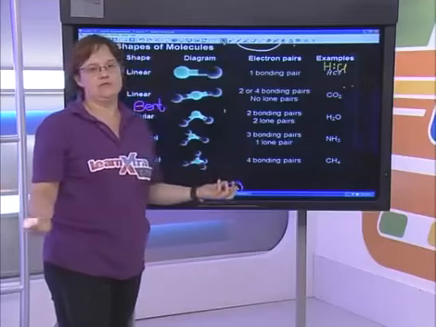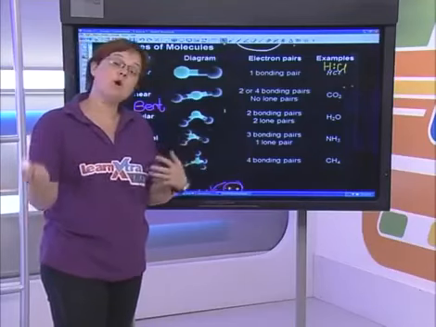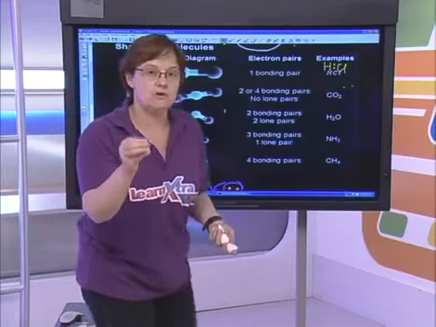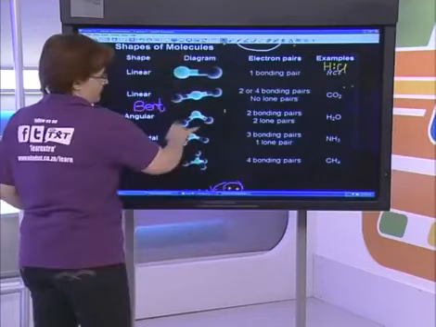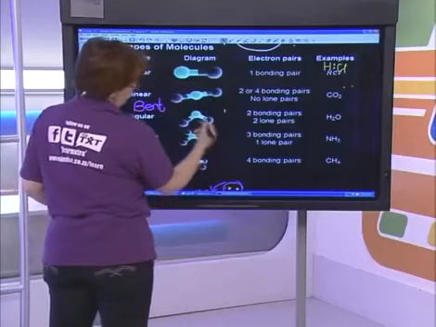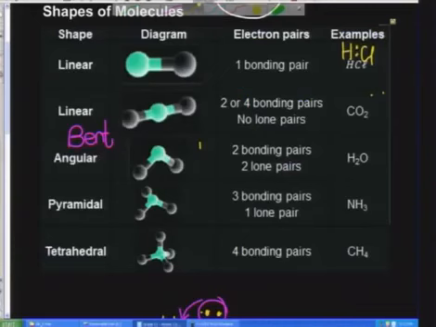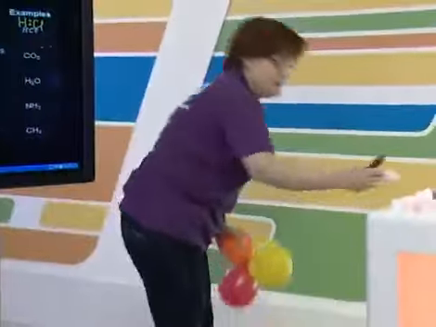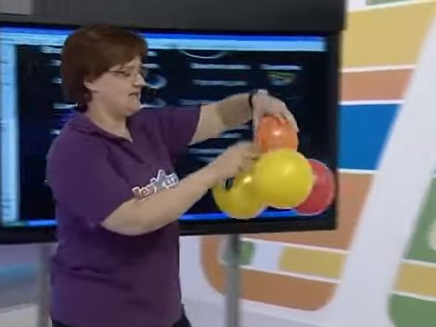Angular, absolutely it is polar, if it's a polar bond. If the bond between the two atoms is non-polar, then the molecule's non-polar. And it's easy to see here. If this is water, then this side is slightly negative, because that's the oxygen, and that side is slightly positive. I can find a positive and negative side, okay? With my pyramidal, this one's actually the easiest to see.